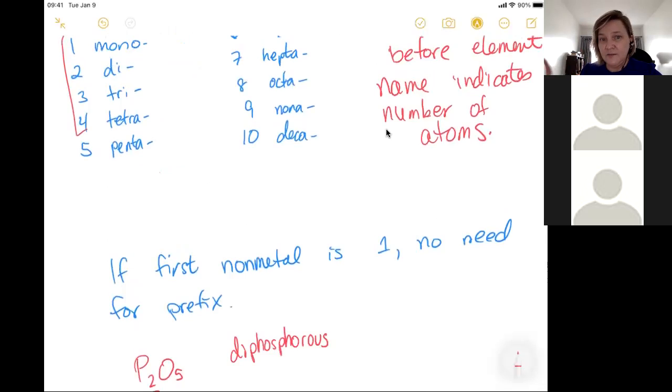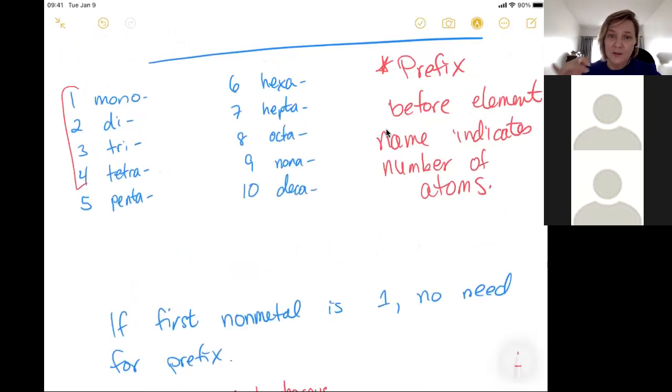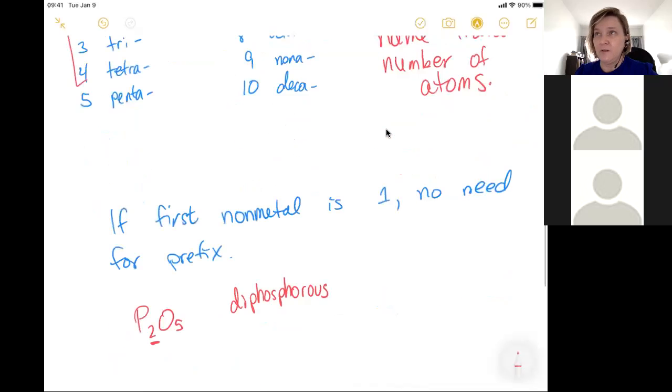And then the only difference is, and I don't even care if you remember this or not. If you forget, that's fine. I won't take marks off, but if you want to know, when you're dealing with numbers 4 through 10, the prefixes all end with the letter A, like tetra, penta, hexa, hepta, octa, nona, deca, and if your element name starts with a vowel, we usually drop the A. For example, 5 is penta, and then oxygen is oxide, and saying pentaoxide is awkward.